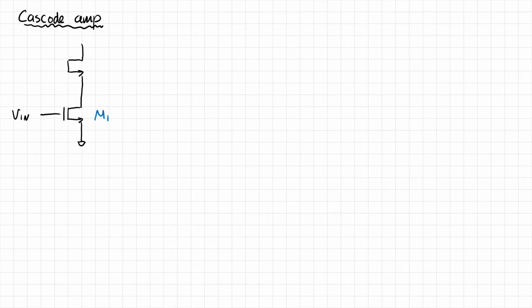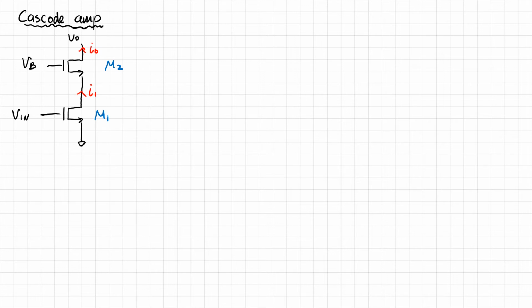What this does is it generates a current. It's a transconductor, right? It generates a current I1 that then goes into a second transistor whose gate is connected to some bias voltage. This transistor is called M2, which generates a current I0 and a voltage at the output VO.